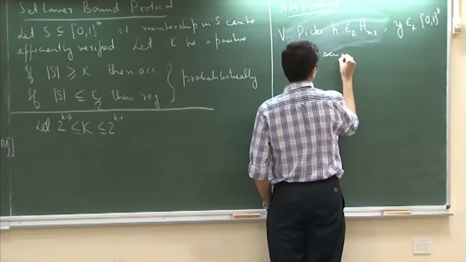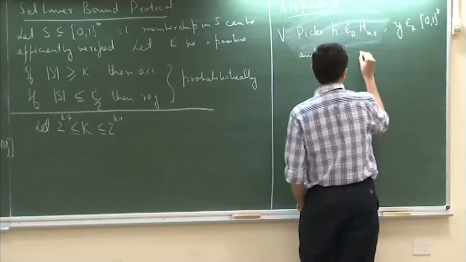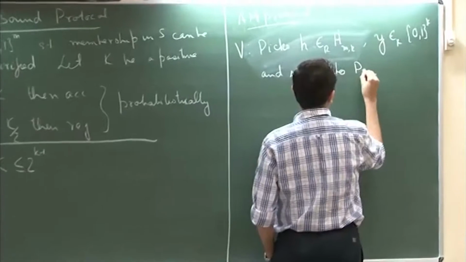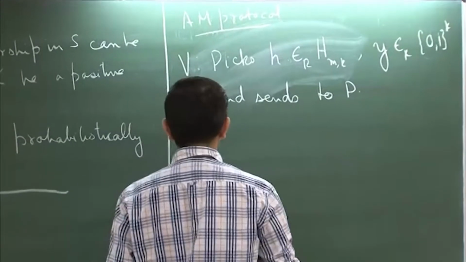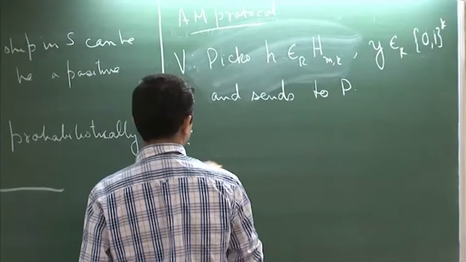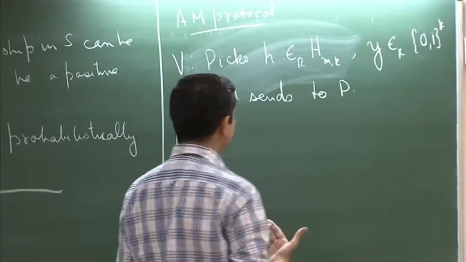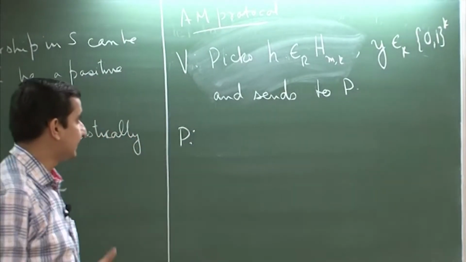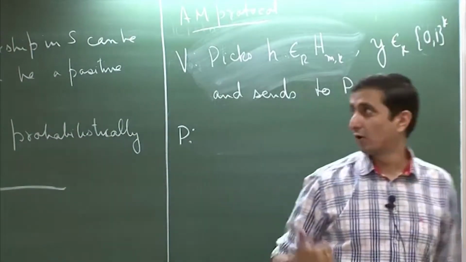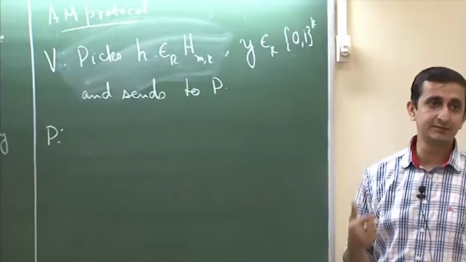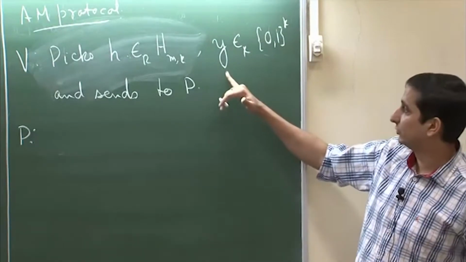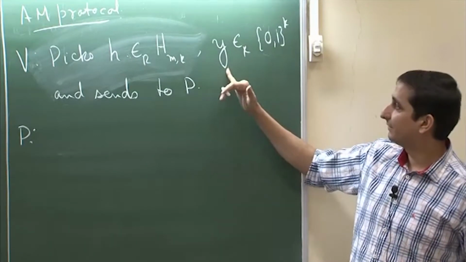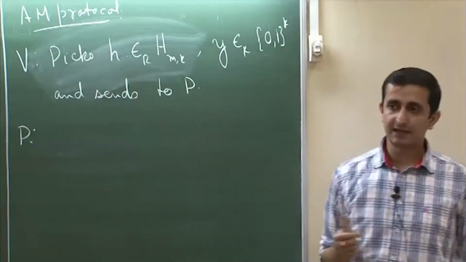What the prover does is it wants to check: is there an x belonging to this set such that h of x is equal to y? Is there an x which would hash to this element with respect to this hash function.